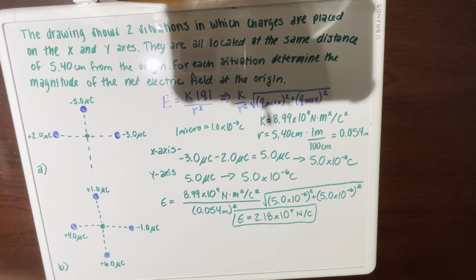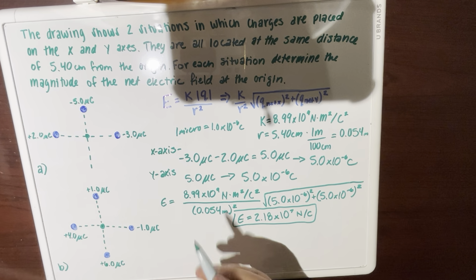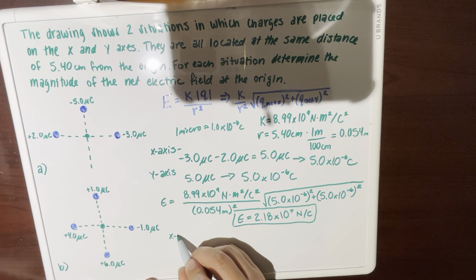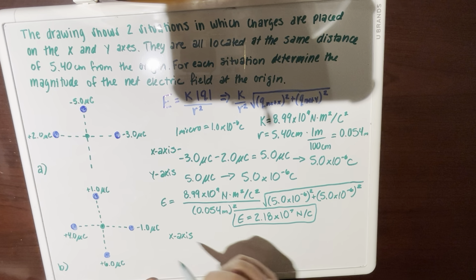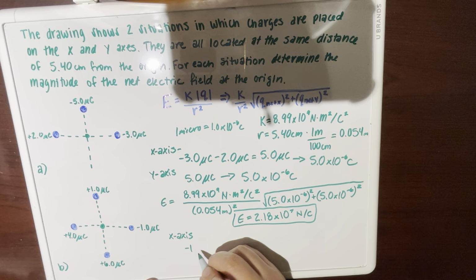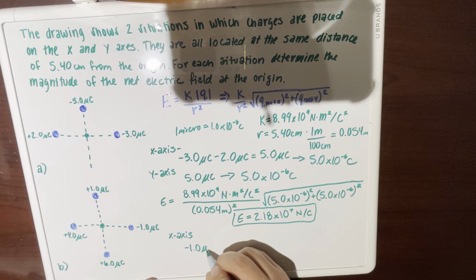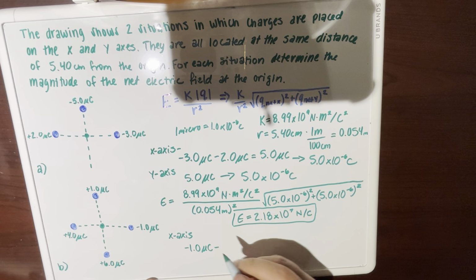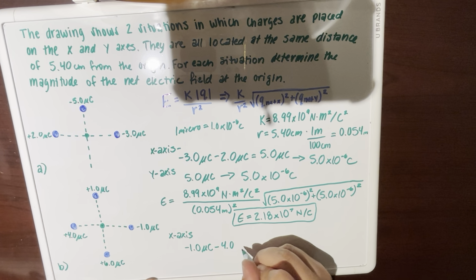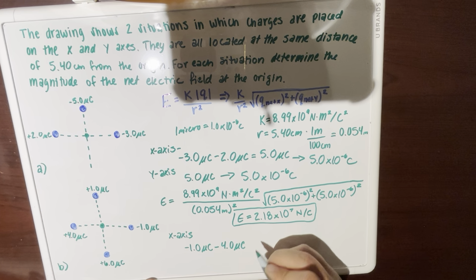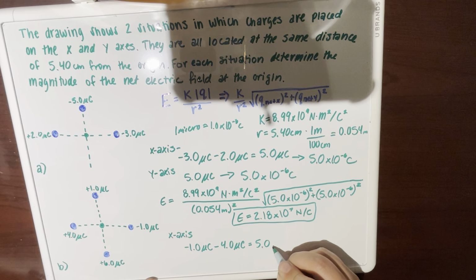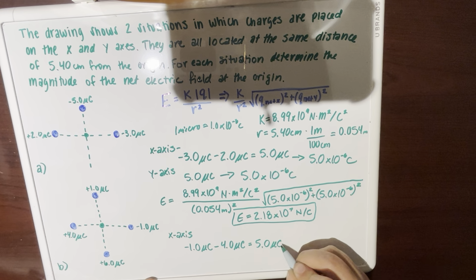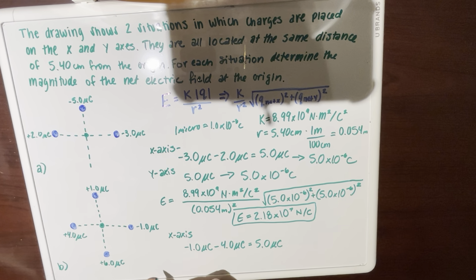And part B, we're going to do it the same way with the x-axis. We have negative 1 microcoulomb minus 4.0. We're going to get negative 5, but with the absolute value, that's going to come out to 5.0 microcoulombs.